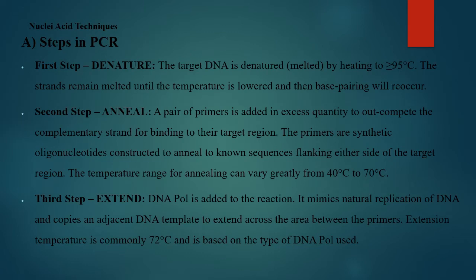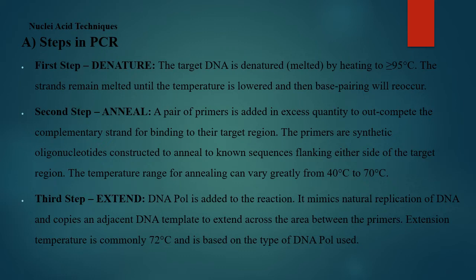Now, let's look at the steps in PCR. In doing your PCR, you first denature, then you anneal, then you extend. So denature, anneal, and extend. The first step is denaturing. In denaturing, the target DNA is melted by heating it up to equal to or more than 95 degrees Celsius.